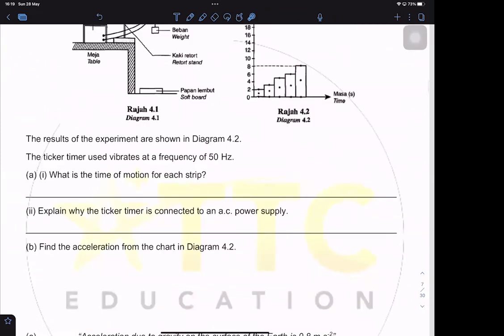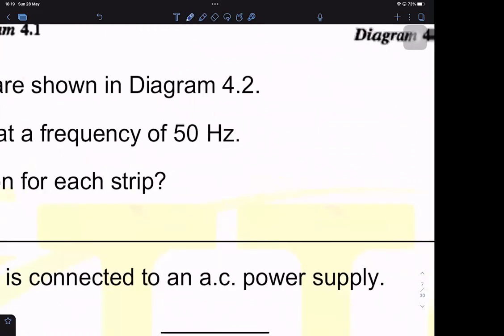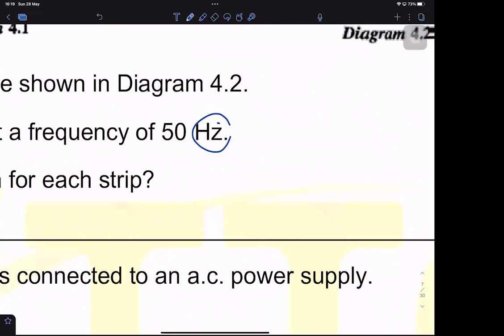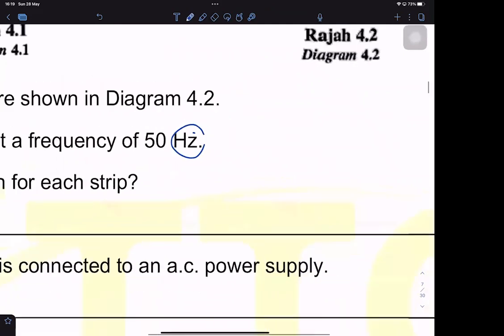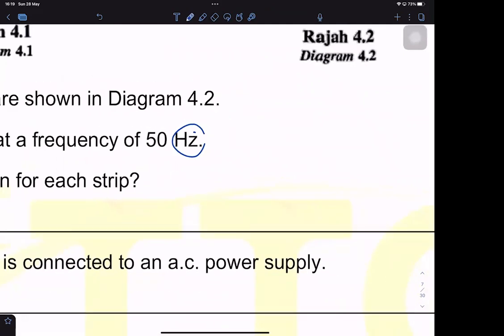So the ticker timer vibrates at a frequency of 50 hertz. Now 50 hertz means what? Hertz means per second. 50 hertz basically means 50 jumps or 50 ticks per second. 1 second, 50 ticks. So that means 1 tick is how much?